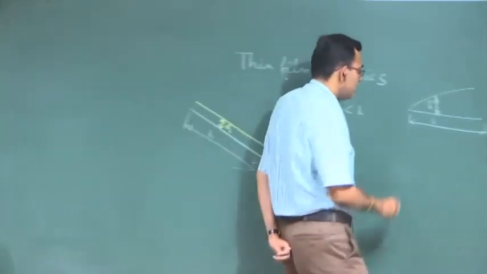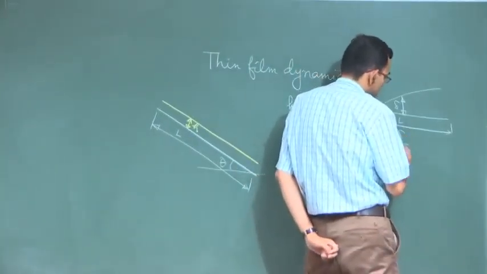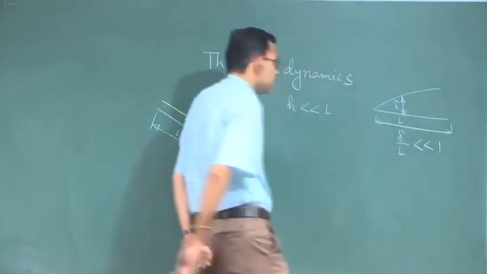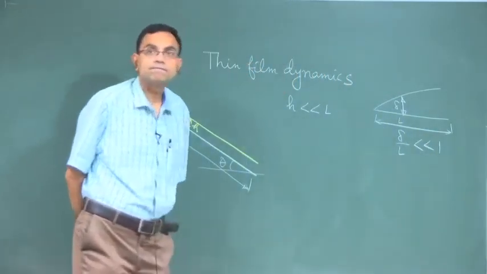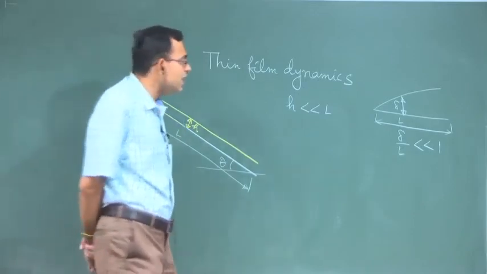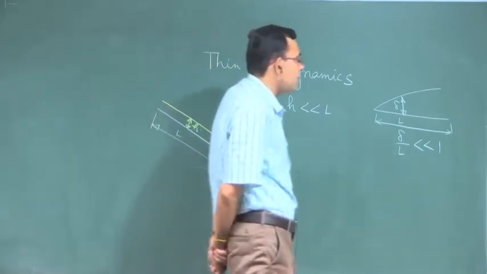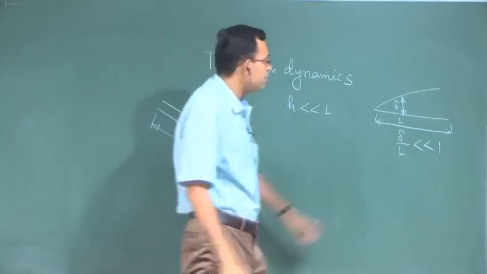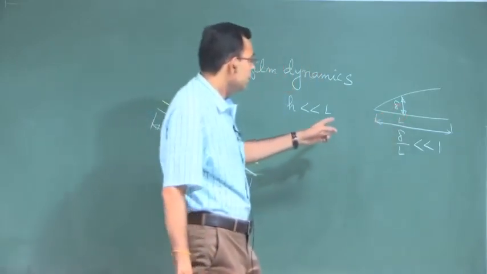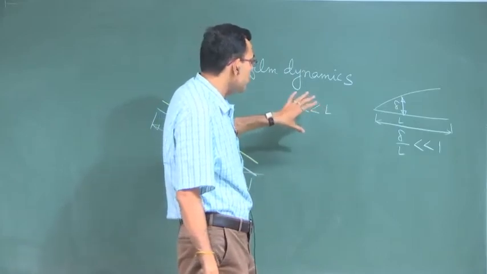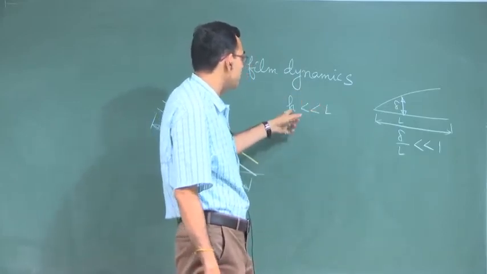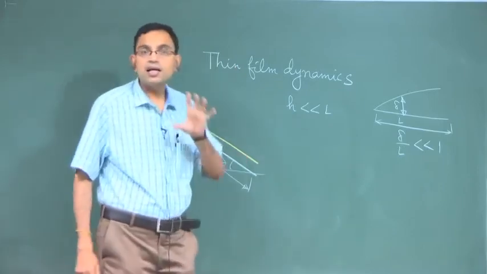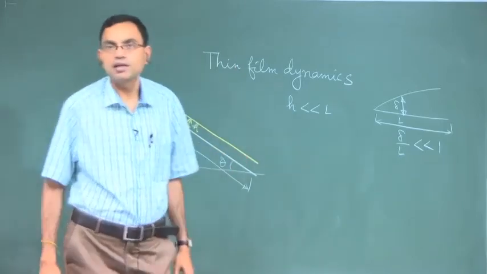The boundary layer theory we use remains valid if delta by L is much less than 1. So, you can see that in some sense the delta in the boundary layer theory is equivalent to a length scale of h in the thin film, but there are interesting physical dissimilarities.